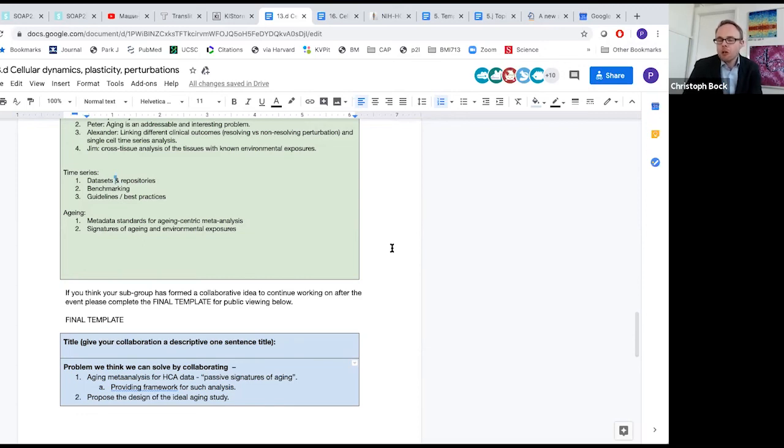We would compare their performance. We would learn a lot about how these different algorithms perform on these different data sets, and from that extract guidelines and best practices that we would share with the Human Cell Atlas and the broader community on how to analyze time series data.